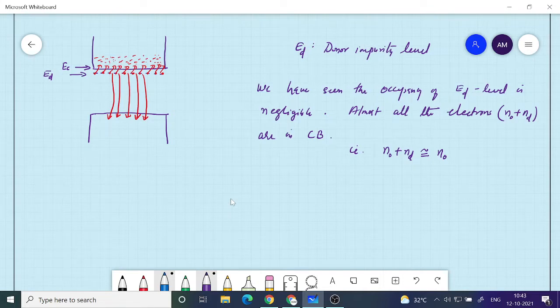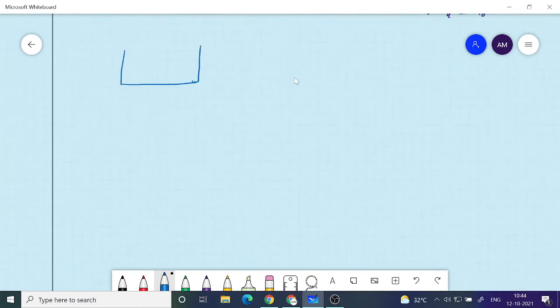Now a similar picture exists in the case of adding acceptor impurity. We can also talk about similar things. Say if I add acceptor impurity, then I will create a level which is just above the top of the valence band.